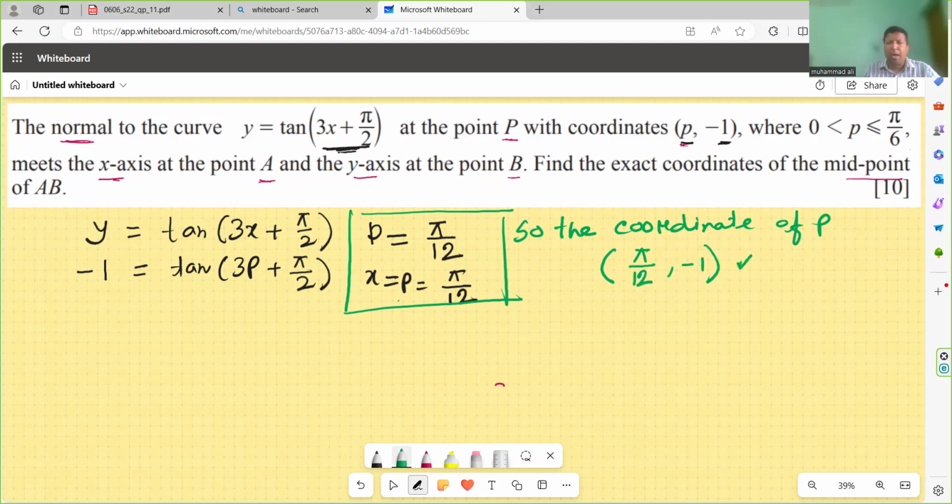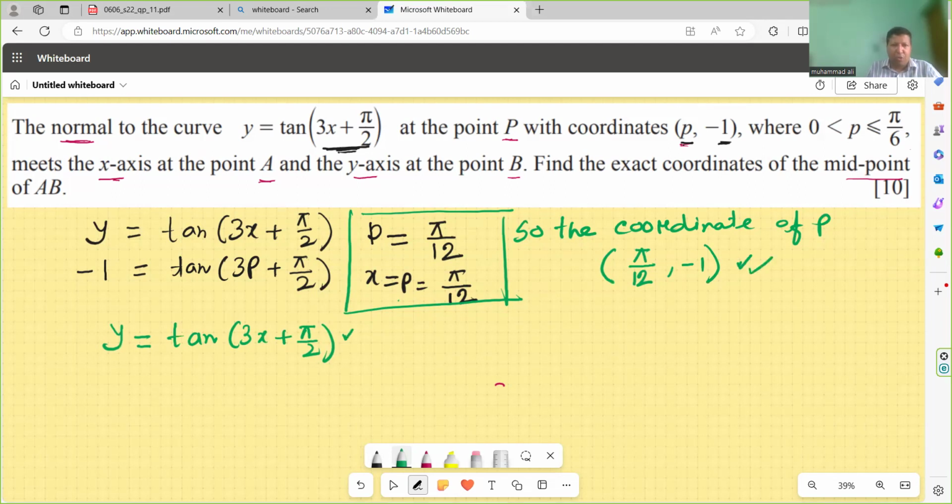At this point, we have to draw a normal line. If you want to draw a normal line, we have to differentiate y equals tan(3x plus pi by 2). At first, we have to find the gradient of the tangent at this point of the curve.